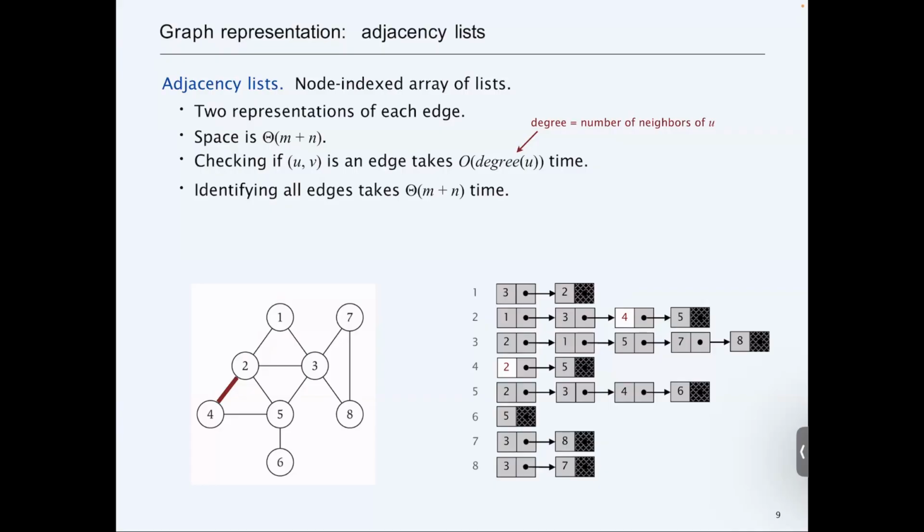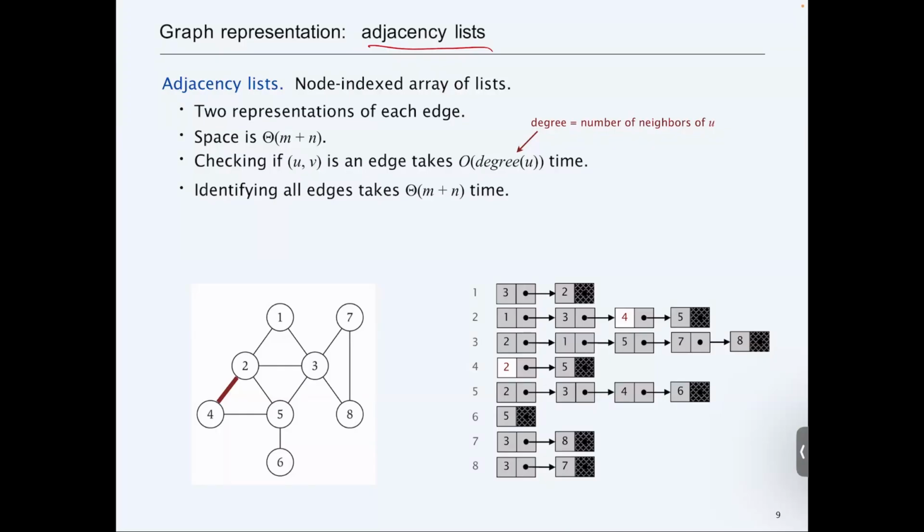The second major representation of a graph is what we call an adjacency list. And in practice, this is often the representation that people prefer for what we call a sparse graph. So remember, a sparse graph is a graph that has very few edges. Instead of storing every possible edge, we're only going to store the edges that actually exist.